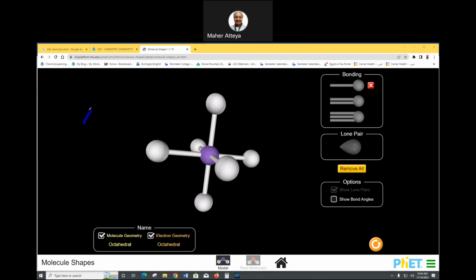How many terminals? We have 6: 1, 2, 3, 4, 5, 6. So the code is AX6, with X as the central atom, correct? Let me just take this one out.